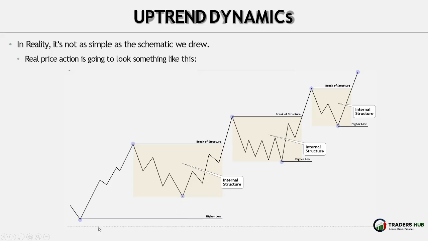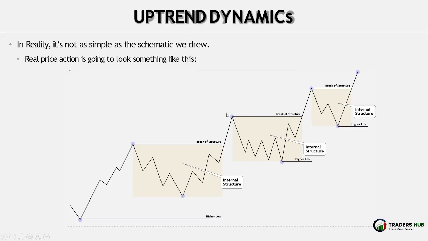This higher low broke this higher high, and the price cannot break it in a straight line. It has to move in sequences, and it is through those sequences you get the break of structure before printing a new higher high.